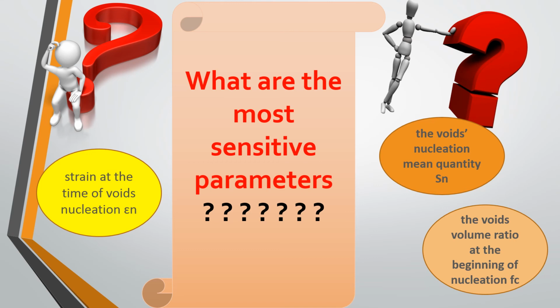So let's summarize what we have found. We have different cases of the most sensitive parameters, epsilon n, f0, fn, etc. This means that finding the right combination of the Gurson parameters that we can use to predict the failure is not an easy task. We have to pay more attention to the values of those parameters. They have to be logical and have a physical meaning.